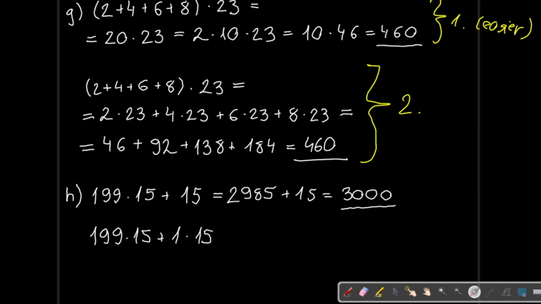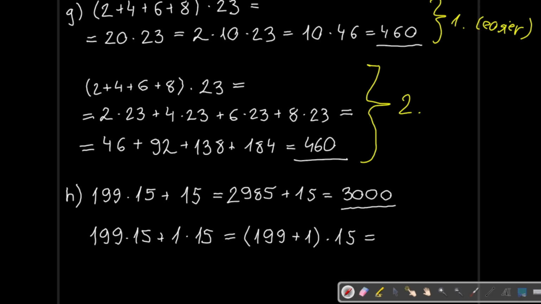And now we have two different numbers multiplied by number 15, and we can use the distribution here. 199 plus 1 times 15.